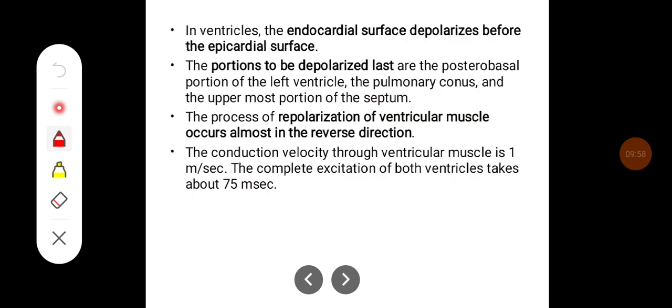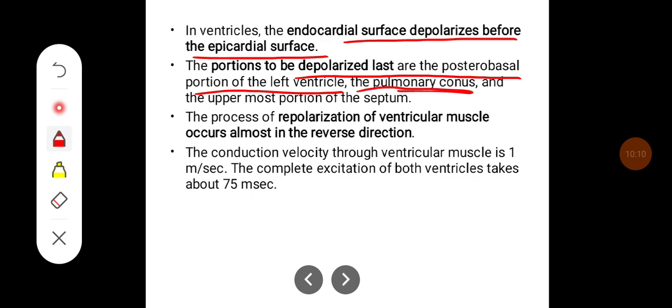In ventricles, the endocardial surface depolarizes before the epicardial surface. The portions to be depolarized last are the posterior-basal portion of the left ventricle, the pulmonary conus, and the uppermost portion of the septum. The process of repolarization of the ventricular muscle occurs almost in reverse direction.